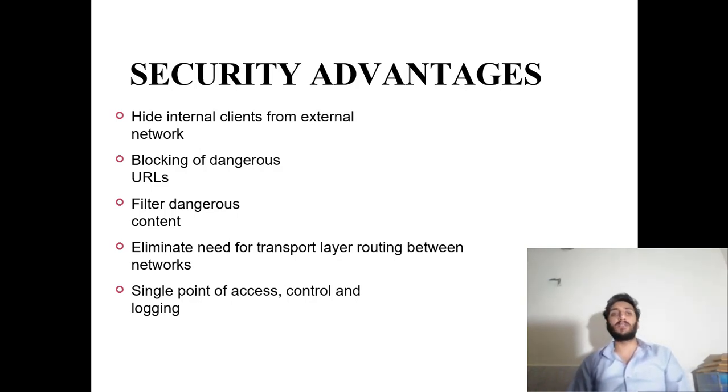The next thing is you can also filter out dangerous content and adult content. There are many things that you can filter. The next thing is you can also eliminate the need for transport layer routing between the networks. You know that there is process-to-process delivery happening inside the transport layer.